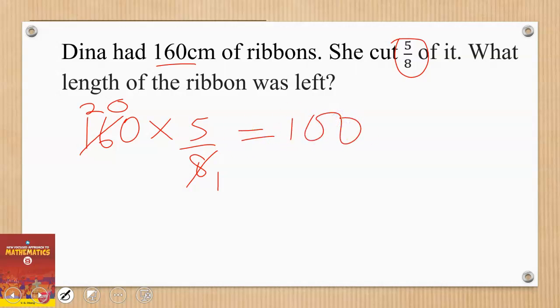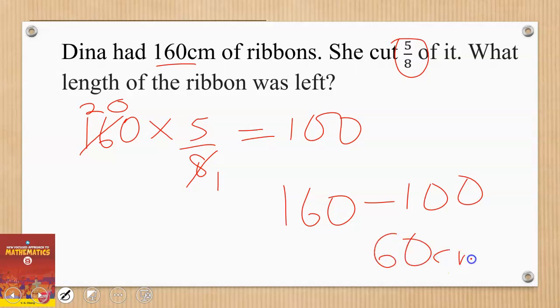That means 100 centimeters of ribbon was cut. Now the question is asking what length of the ribbon was left. So if the total ribbon is 160 and they've cut off 100 centimeters, they'll be left with 60 centimeters. So this is the answer left.